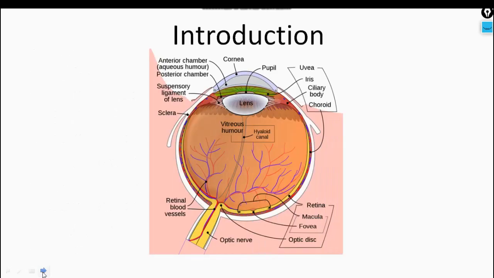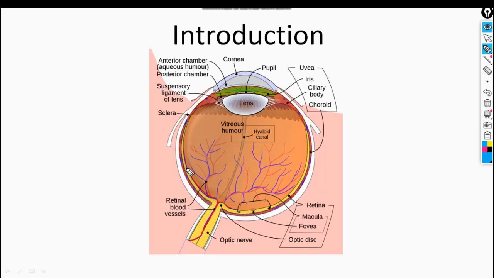In the introduction, we will see the anatomy of the eyeball, especially the posterior aspect. You might be knowing all this, but yet we have to go through it. Here we can see this yellow colored structure.